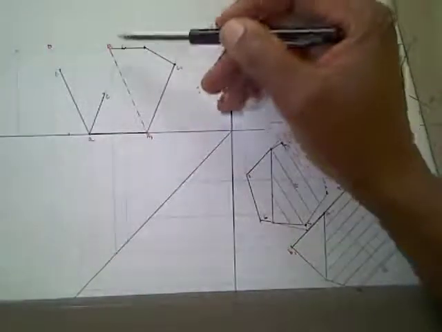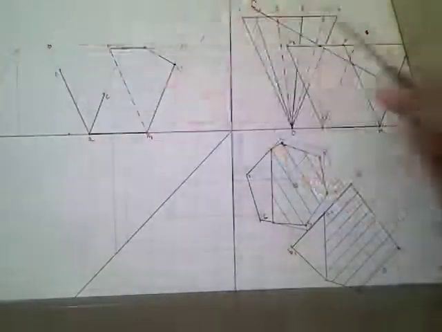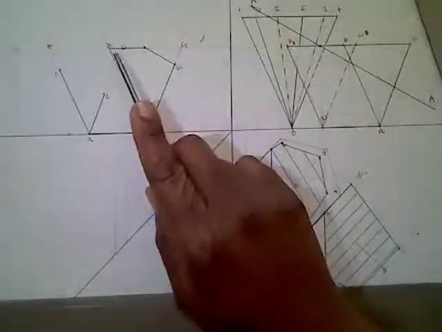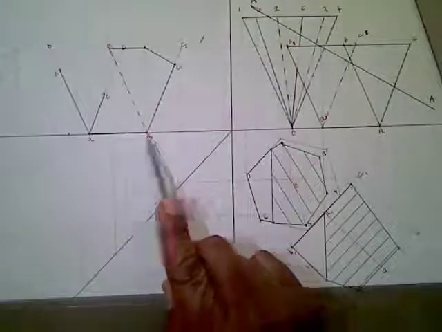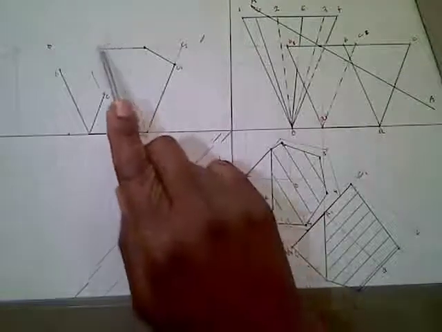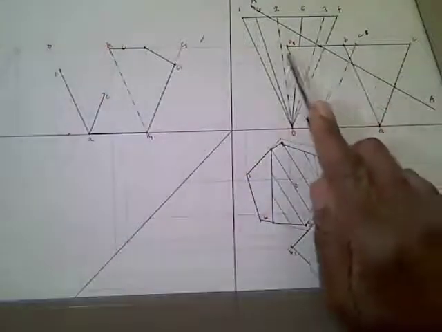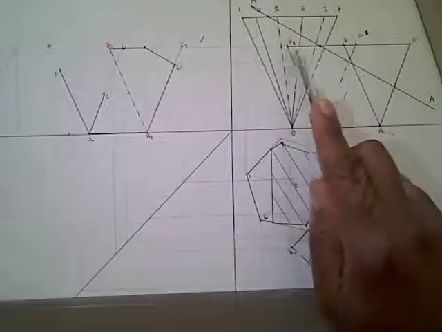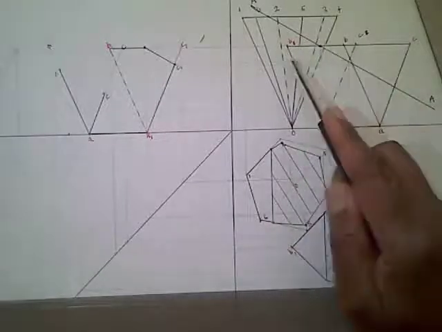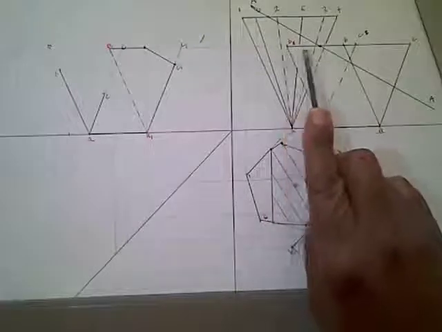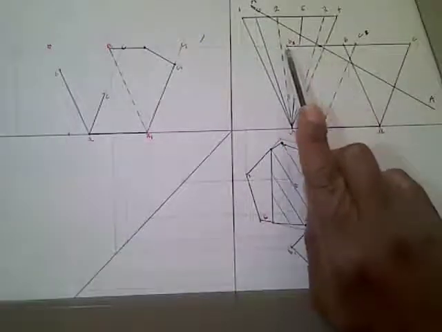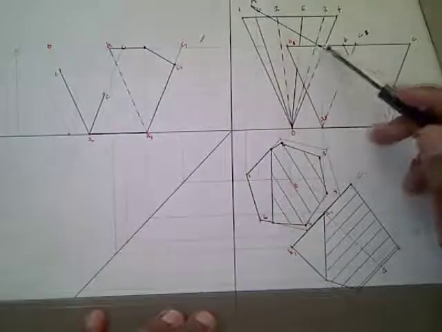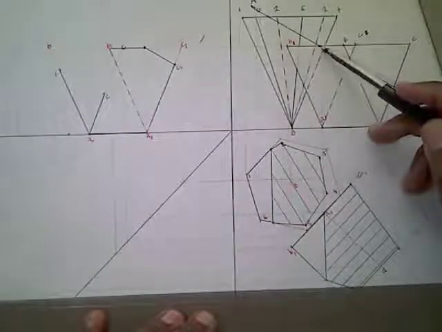Now as B1 goes to B, let's watch it. A1 to A, B1 to B. It moved up. There it is, B1 to B. Oh, it was interrupted also here.